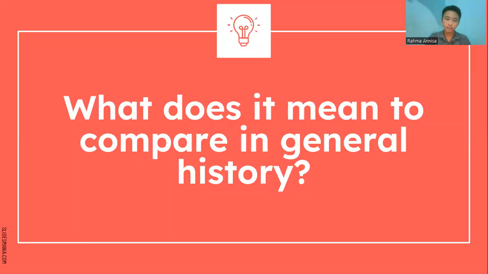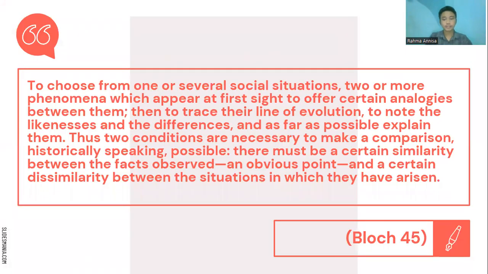What does it mean to compare in general history? So here is Block, 45. To choose, from one or several social situations, two or more phenomena which appear at first sight to offer certain analogies between them, then to trace their line of evolution, to note the likenesses and the differences, and as far as possible explain them.